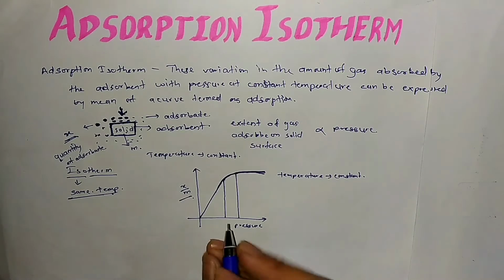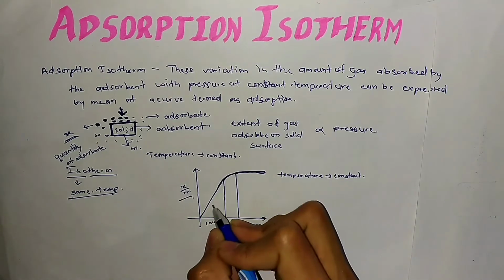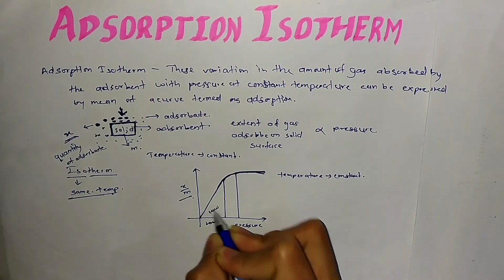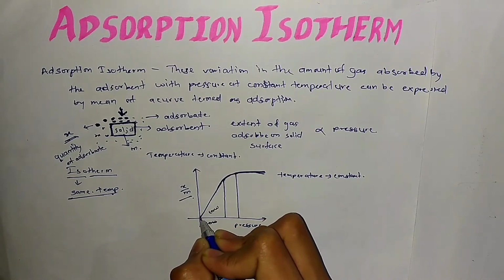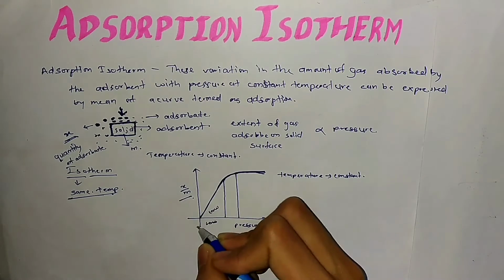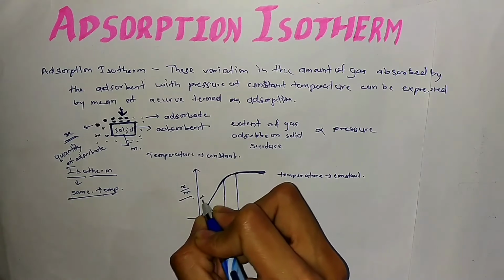This is when pressure is low, the graph will look like this. When pressure increases, at the same time adsorption is increasing. There is a slope.